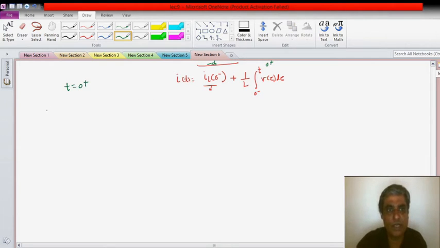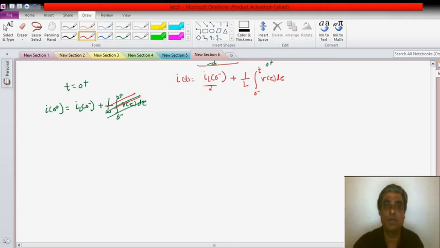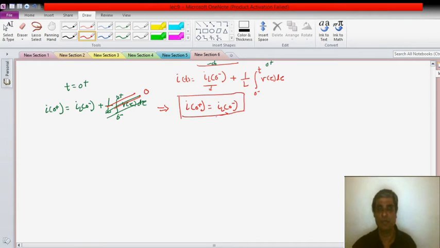What will be I of t? I of 0 positive will be equal to IL of 0 negative plus 1 by L, integral from 0 negative to 0 positive of v of tau d tau, and we have assumed that here there is no impulse or derivative of impulse, so this will be equal to 0. So what is the result here? The current after switching will be equal to the current before switching, right? So this is my law of conservation of flux.